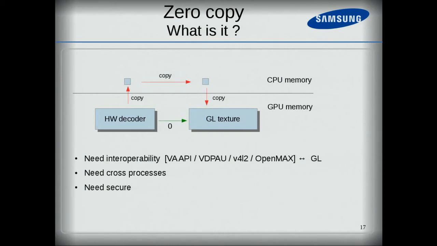We want this handle, or the solution, to be secure, because if you are in a protected content case, with your encrypted stream, and you decode and then allow the user to grab the frame, you break the whole chain of the encryption. You want the input to be the encrypted stream and the output to be, for example, HDCP. So you still want to manage the rendering, but you want something secure underneath.